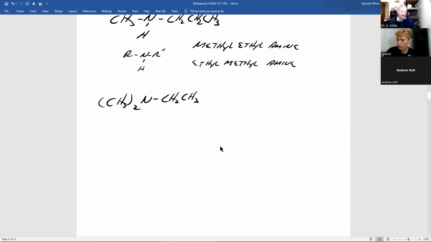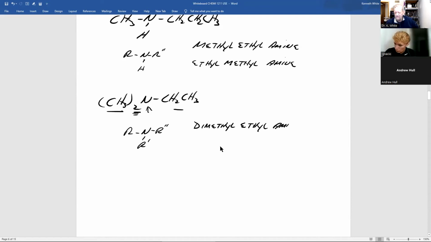Should get your attention like that? And the answer is a nitrogen. And notice this is a tertiary amine. 3 R groups. 2 of them are methyl, and 1 is an ethyl. So you can have dimethylethylamine or ethyldimethylamine.